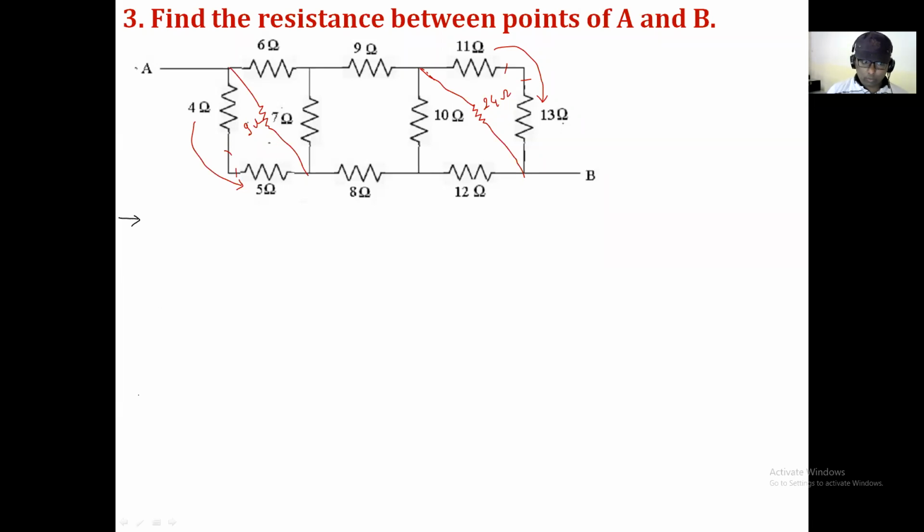So right now, let me remove what I have written here, and then I can write it down here. RS1, which is equal to 4 plus 5, which is equal to 9 ohm. Is it right? Then RS2, which is equal to 11 plus 13, which is equal to 24 ohm. And then with this, let me try to draw the diagram.